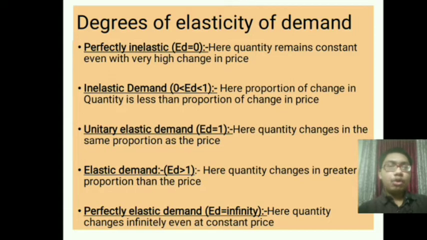Here, proportion of change in quantity will be greater than proportion of change in price. Here elasticity will be greater than 1. Then we come to the final degree, the perfectly elastic demand. Here, at the same price, the quantity will change infinitely. So elasticity will be infinity. For the same price, with no change in price, quantity will change infinitely.